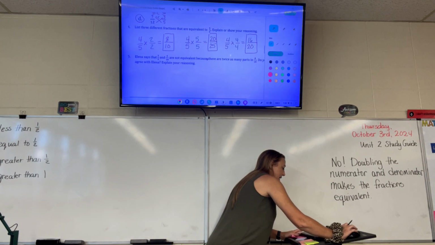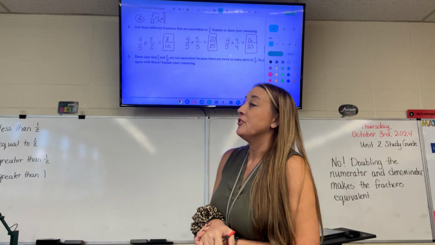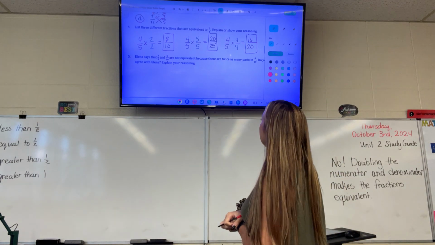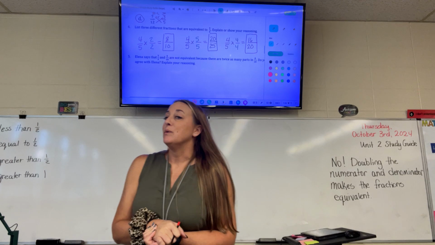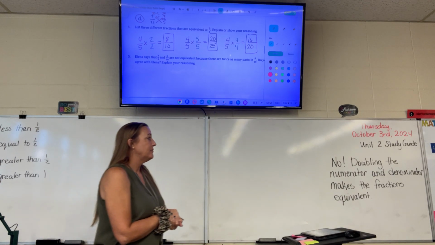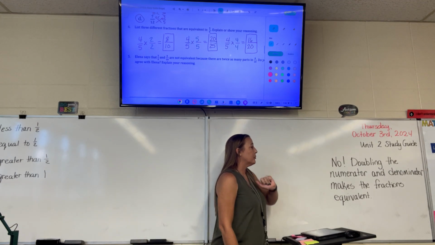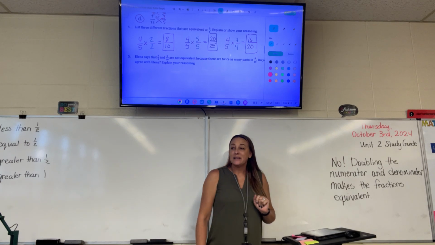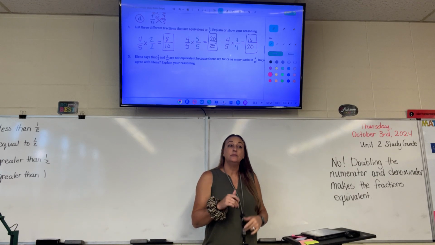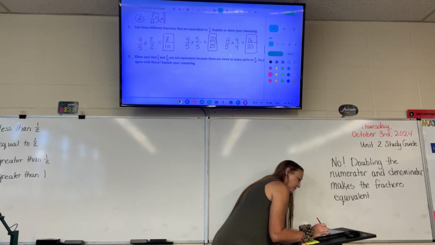Elena says that 3/5 and 6/10 are not equivalent because there are twice as many parts in 6/10. Autry, do you agree with Elena? No. Doubling the numerator and denominator makes the fractions equivalent. Because it's the top and the bottom that are doubled, it's equivalent. So this is what you're going to write down on that one.